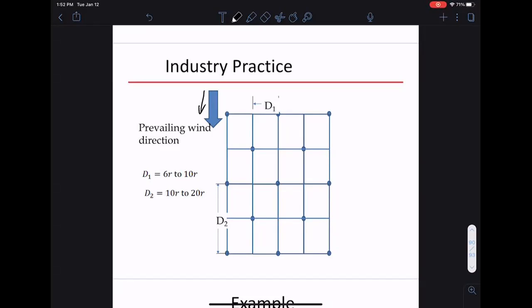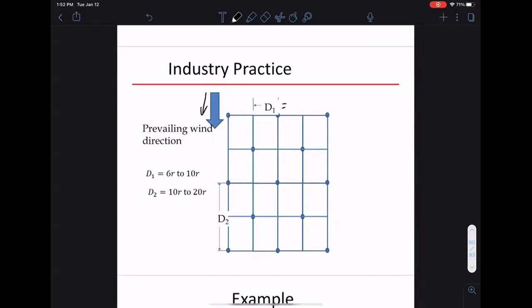In the direction perpendicular to the prevailing wind, you can get away with a small separation, maybe 6 times the radius or 10 times the radius. Whereas in the direction of the wind, you need to be longer, 10 to 20 radii, to allow the wind to pick up some speed.